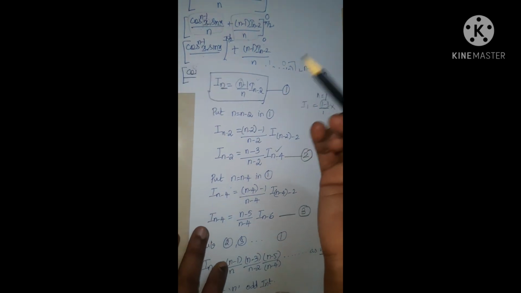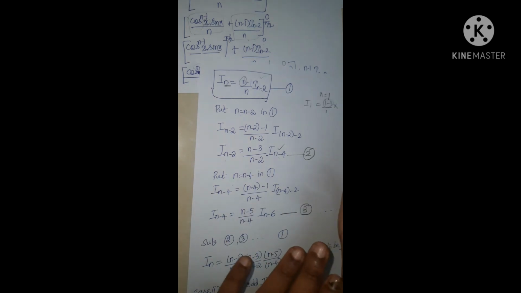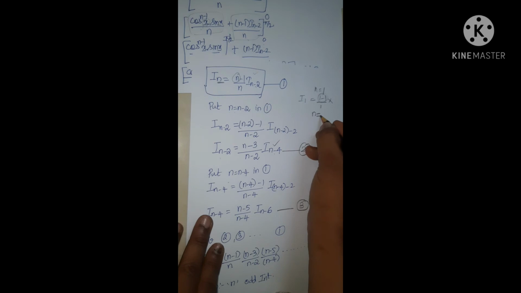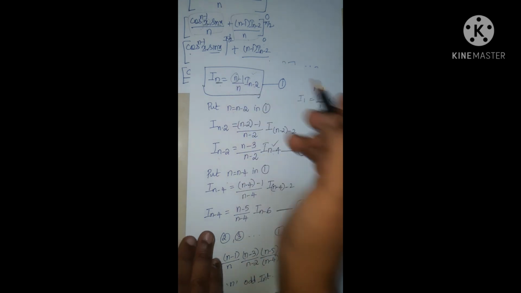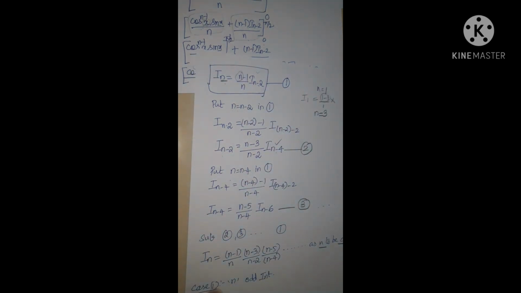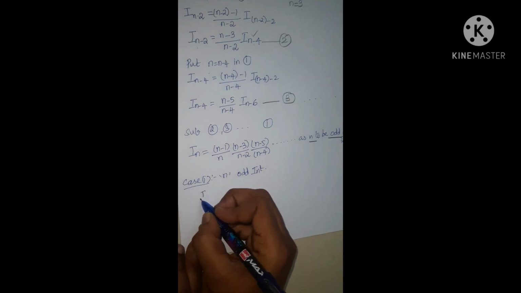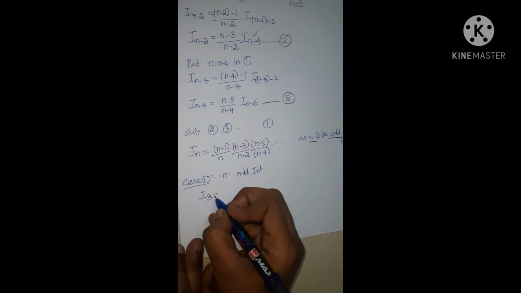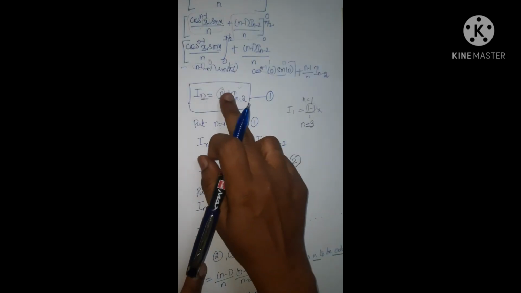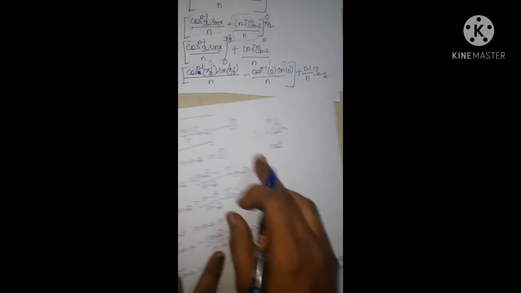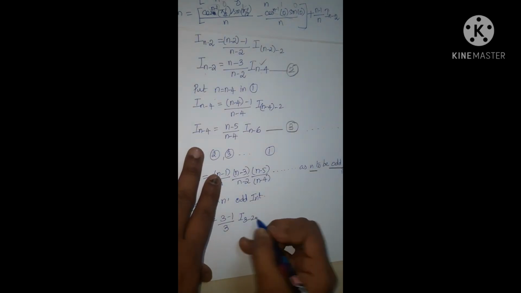So to proceed further and find the last value in the expansion, let me go ahead with the next possible odd integer, which is 3. In this expansion, if I put n equal to 3, what could be the corresponding integral? So we get I 3 is equal to 3 minus 1 by 3 I 3 minus 2.